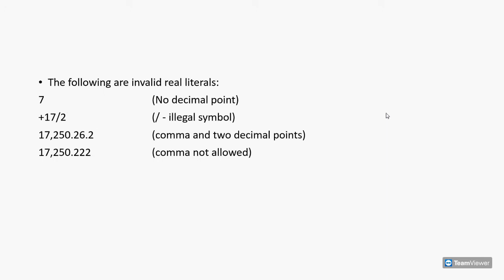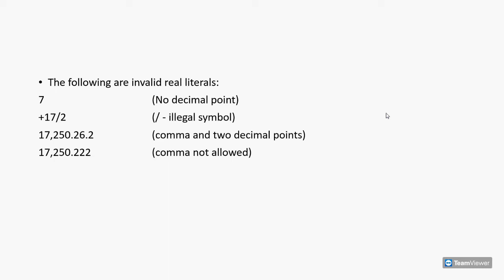Here we have some examples of invalid real literals. The first one is 7. This is invalid because we do not have any decimal point. The second one is +17/2. Slash here is an illegal symbol. However, it represents division, but this is not allowed to represent a real literal.